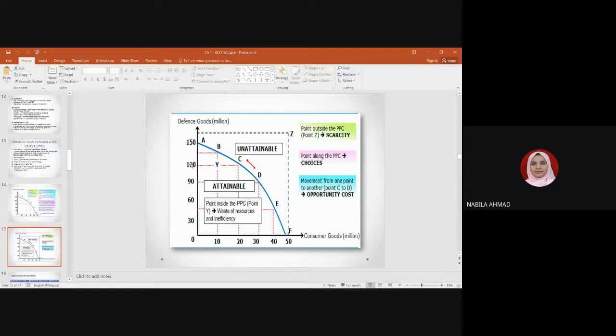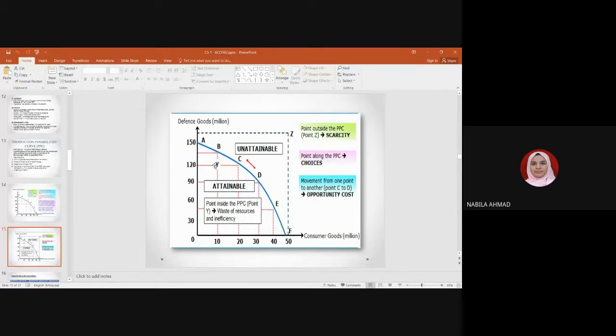So itu adalah opportunity cost. Setiap kali kita produce lebih banyak consumer goods, kita kena produce less defense goods. So kita kena lepaskan atau korbankan defense goods itu. So dikatakan sebagai opportunity cost. Movement from one point to another point.